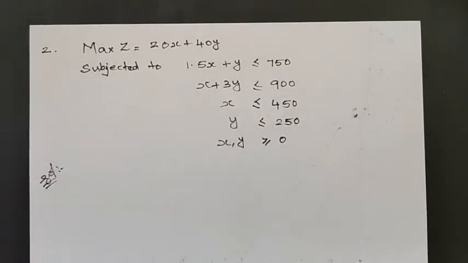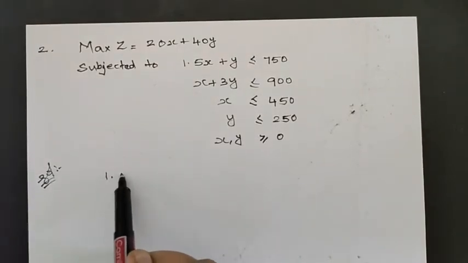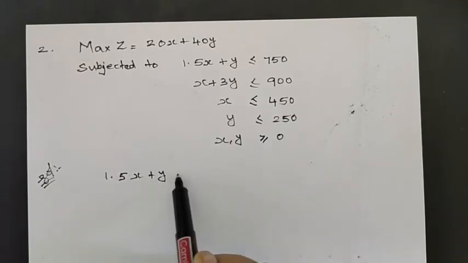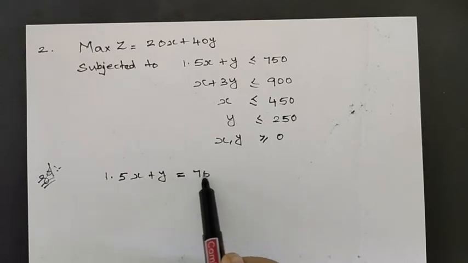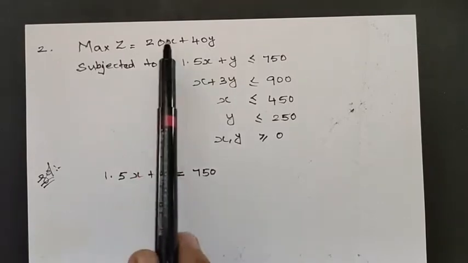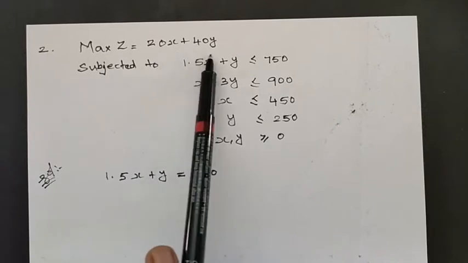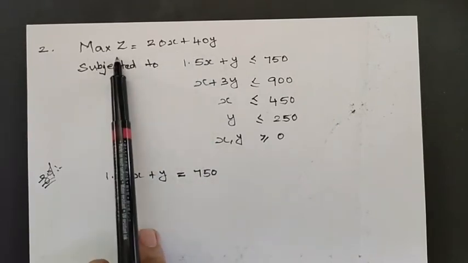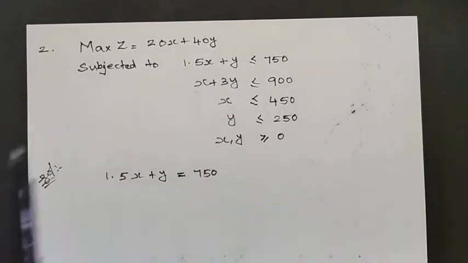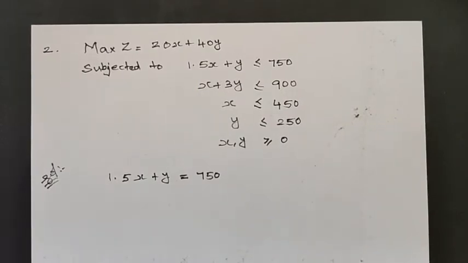I am going to take the first constraint, 1.5x plus y less than or equal to 750, changed into equals 750. Here x and y are the decision variables, so the values of x and y will decide the value of the objective function. In the previous problem the decision variables were x1 and x2.